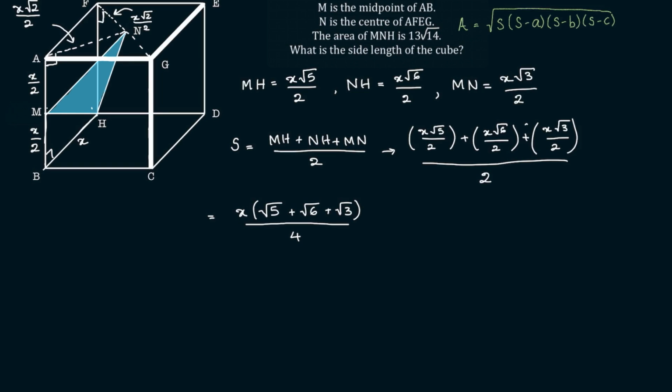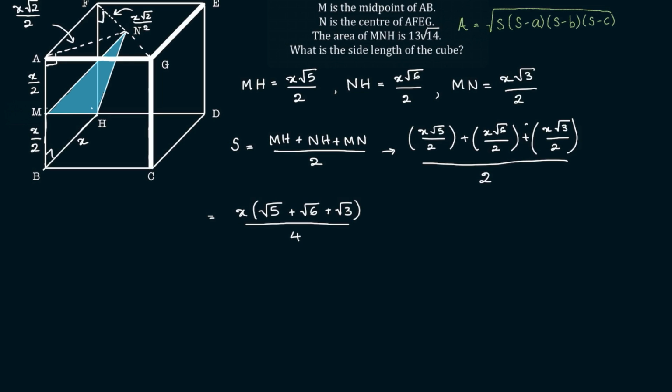This is the semi-perimeter. Alright, now we'll use this as well as our side lengths and plug them into Heron's formula, and from that we can solve for x, which is the side length of the cube. This might look a bit ugly in the beginning, but I promise you it turns out beautiful in the end.